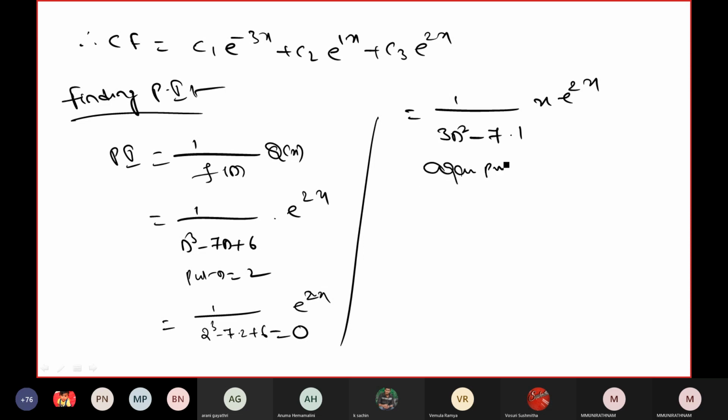Again put D equal to 2. 12 minus 7 is 5.